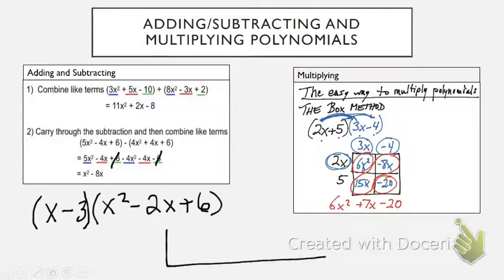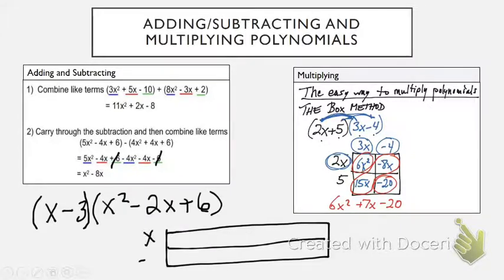But this is the example. We told you to draw an area model, okay? And the easiest way to do this is if you have the x and minus 3 here, and then separate these boxes to draw 2 lines, so we have 3 spaces, and put your trinomial up here, x squared minus 2x and 6. Now we just multiply.